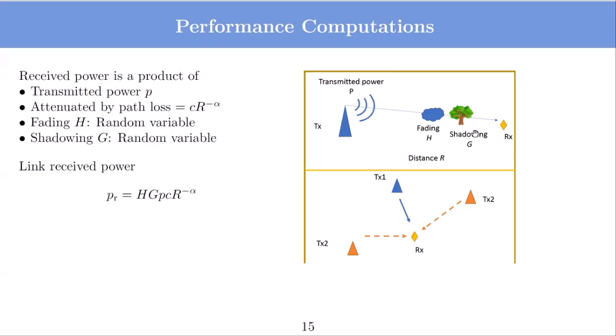So for this link, the receive power at the receiver would be equal to fading times shadowing times transmit power times C r^-alpha. You can see that with distance, this receive power decreases. That is the geometry component: depending on the locations of the transmitter and receiver, the receive power may change.